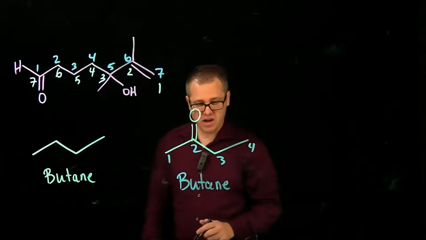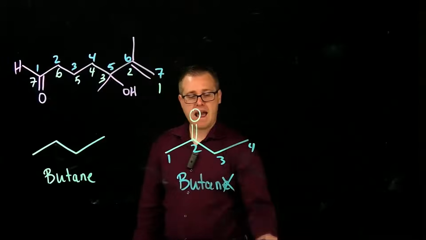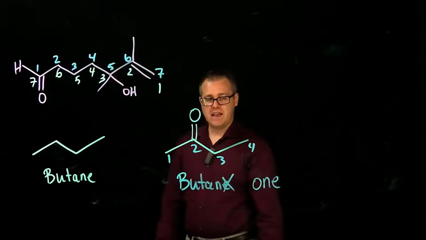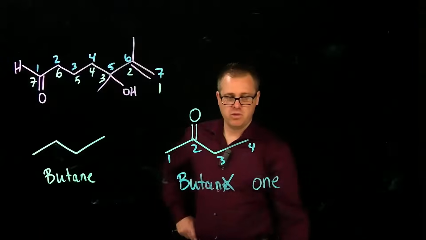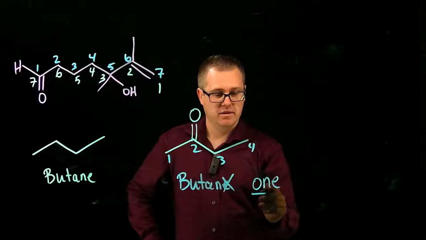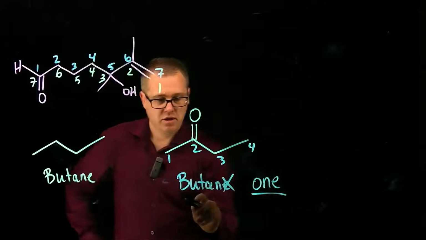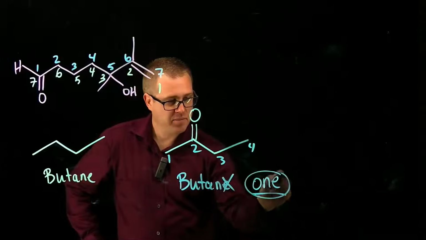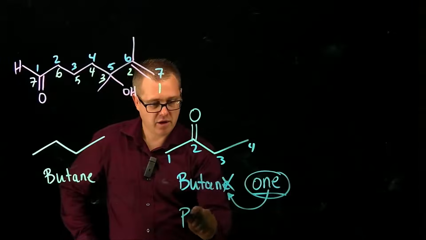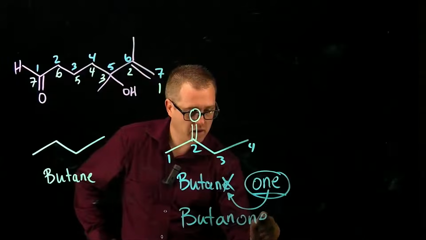But when we have a ketone, we drop the E, and then we add this, O-N-E. And we don't pronounce that as the number 1. It's actually pronounced "own." So we take that and put that in the place of E, and we go butanone.